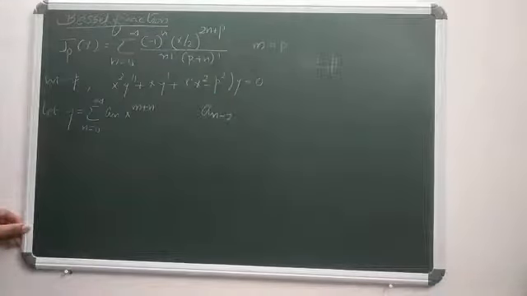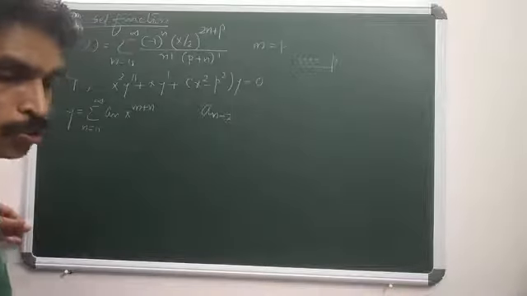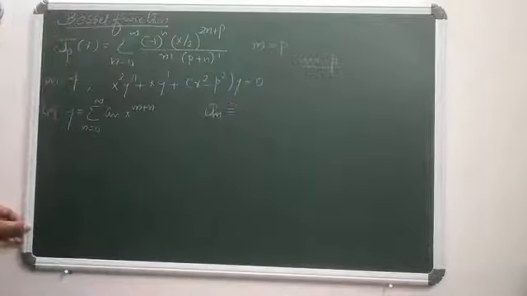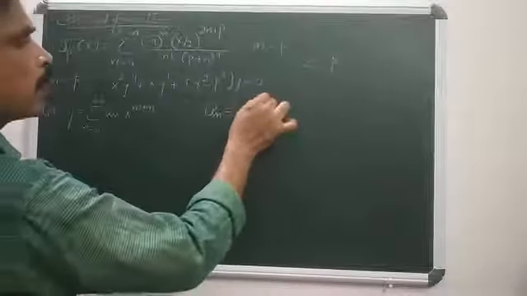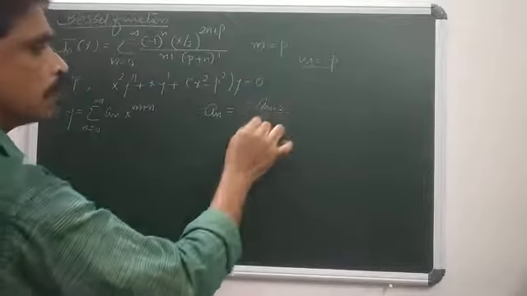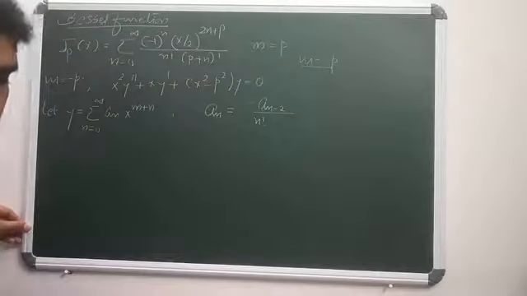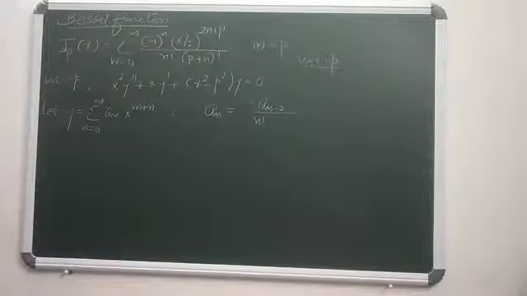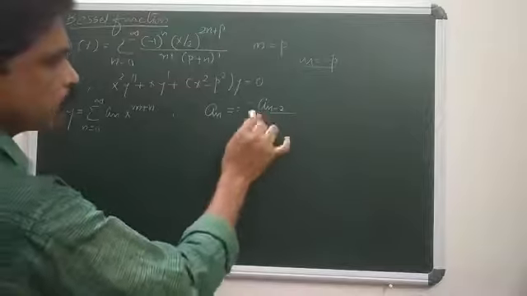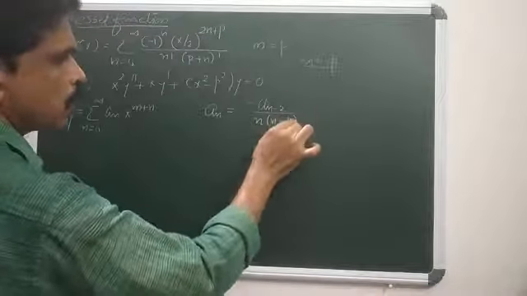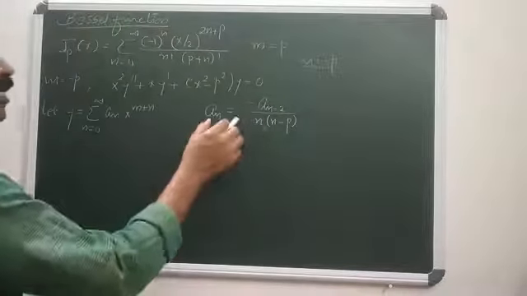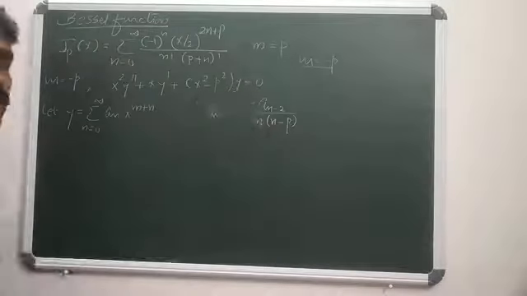this recurrence relation. Like the previous case, it is a_n equals minus a_(n-2) divided by n into (n minus 2p). In the previous case, when m equals p, our recurrence relation is a_n equals minus a_(n-2) by n into (n plus p).